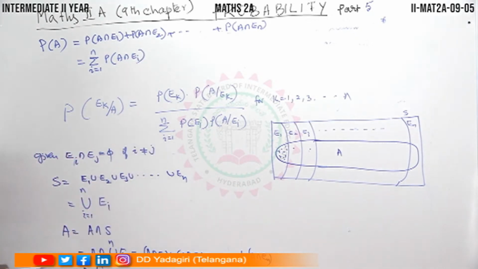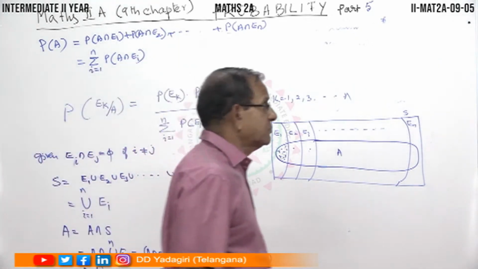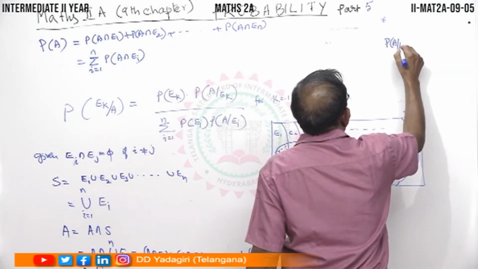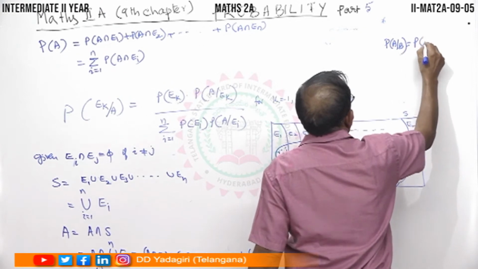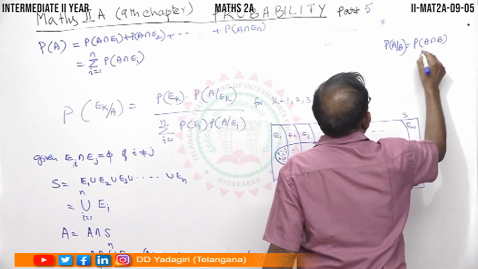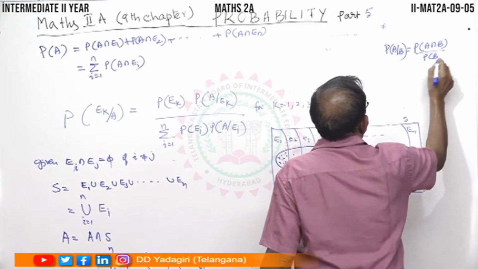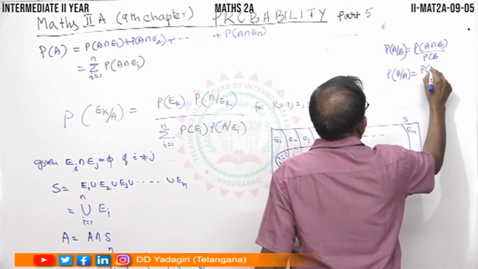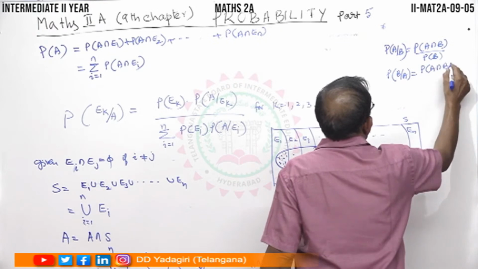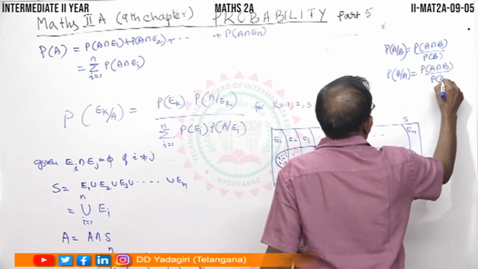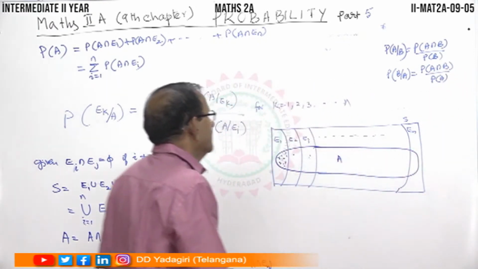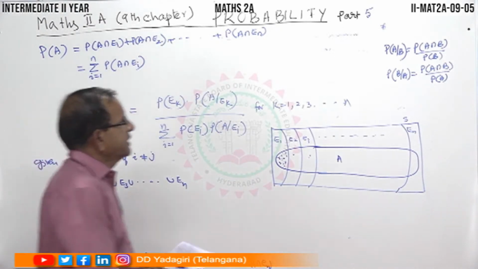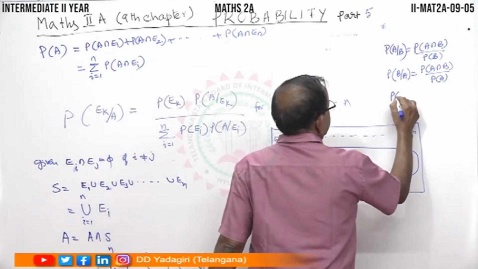But previously conditional probability was there. What is P of A by B? A oblique B is P of A intersection B by P of B. And P of B by A, B oblique A, is again P of A intersection B by P of A. Now if you take cross multiplication, what is P of A intersection B?